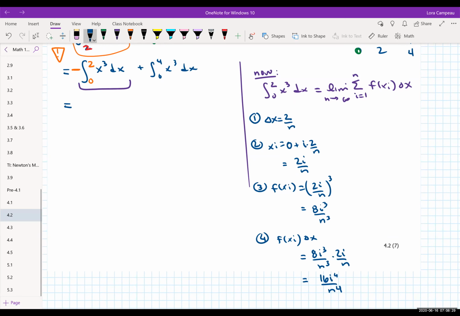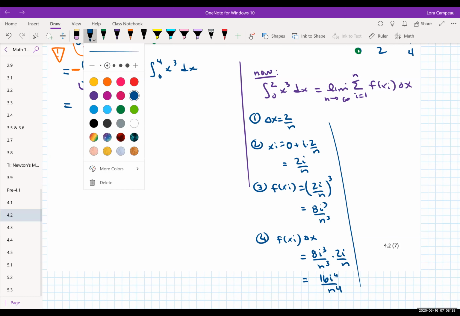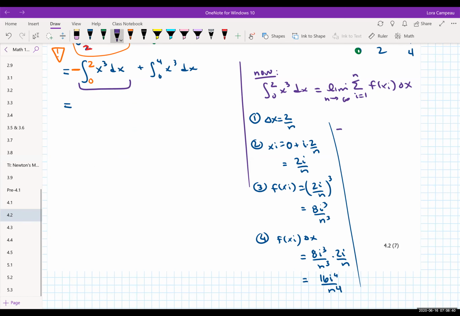So what we end up having, finally, and I'll let you do the rest because at this point you want to work on it. We should end up seeing the limit of the summation, i equals 1 to n, of f of x of i.